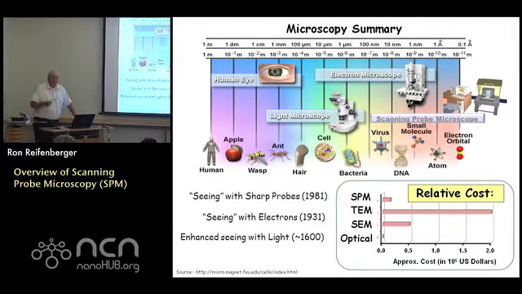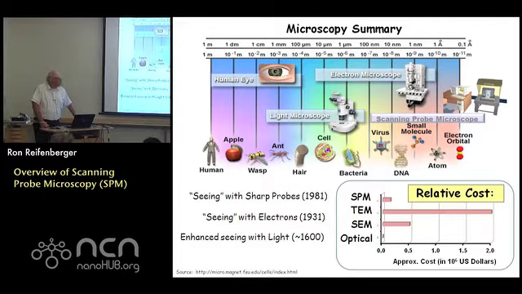Electron microscopes are divided into two categories. One is called a scanning electron microscope, and the other is called a transmission electron microscope. It's an SEM and a TEM, right? There are probably dozens of scanning electron microscopes at Purdue, and there's maybe a half a dozen or so transmission electron microscopes. The electron microscope distinguishes itself because of its cost.